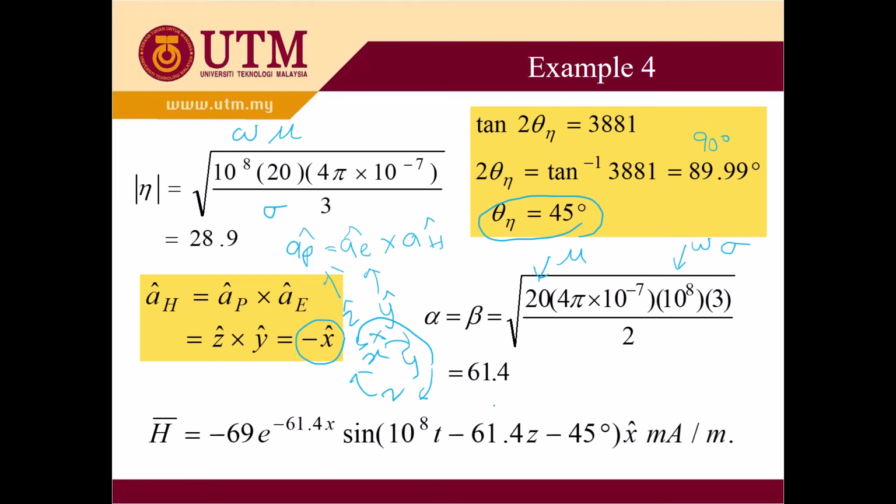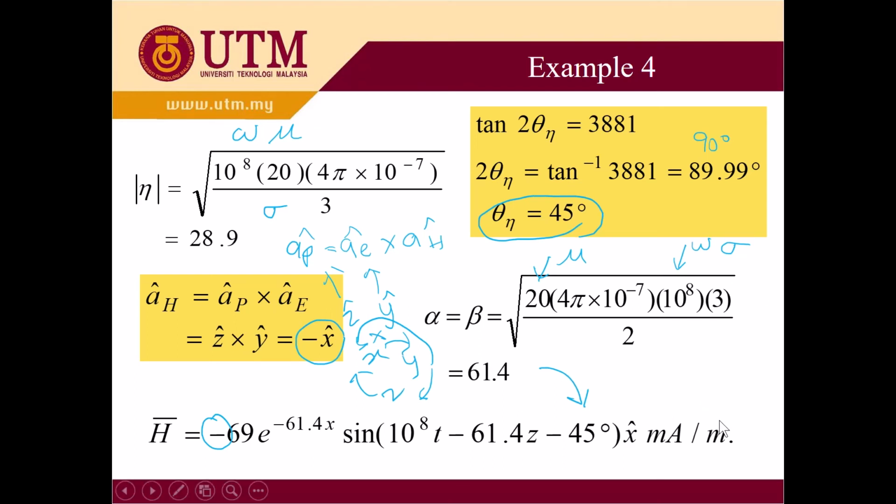So you get 61.4. Put everything inside the expression. We get 69 exponent minus 61.4 z, sine of 10 to the power of 8 t minus 61.4 z minus 45 degrees, in the direction of x. Because we have minus x here, you put minus, milliampere per meter.